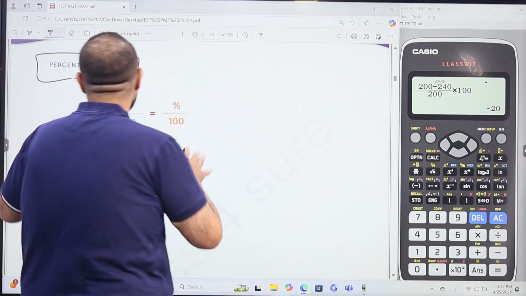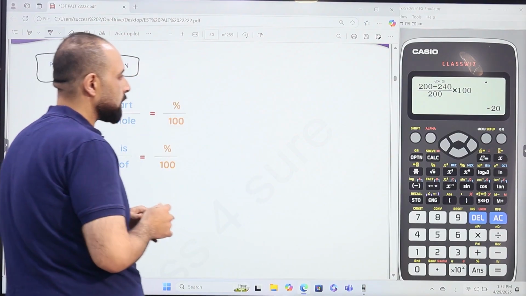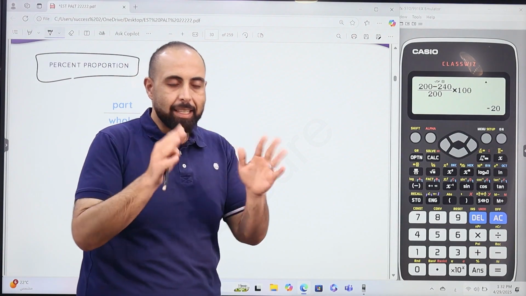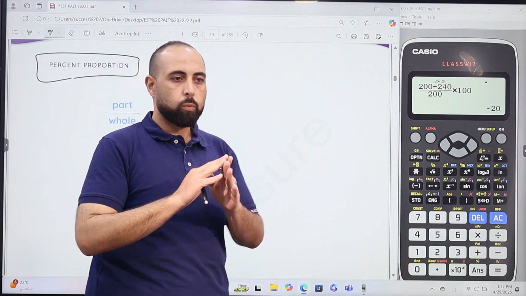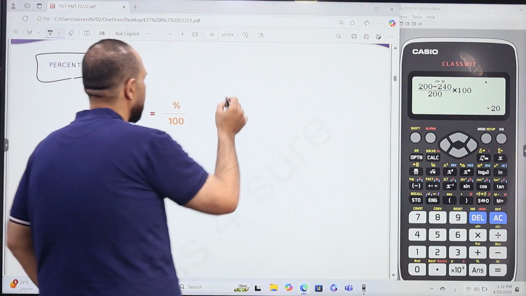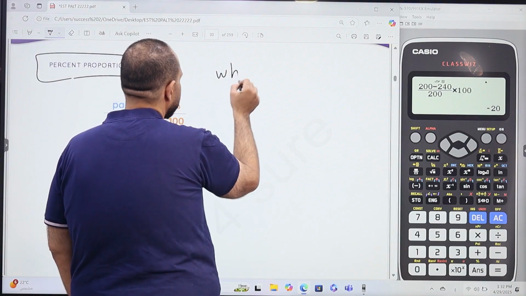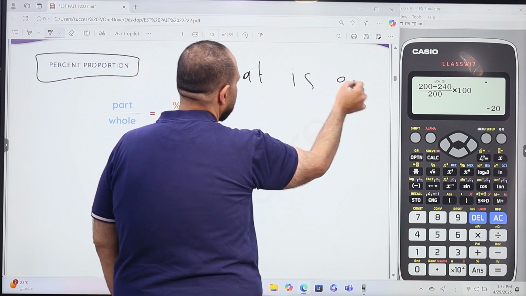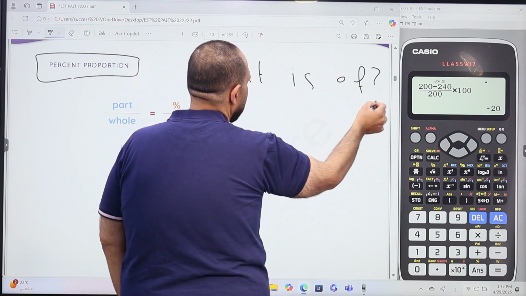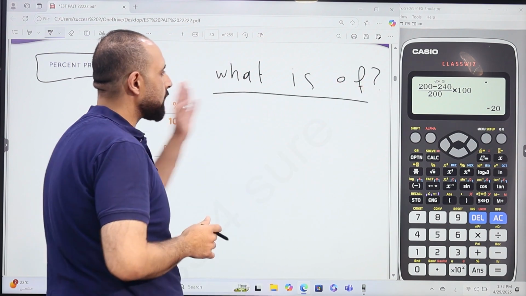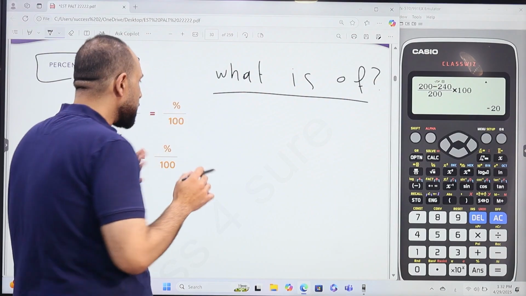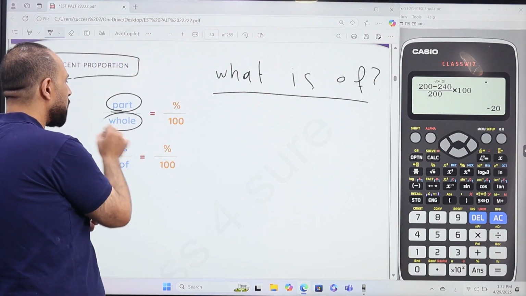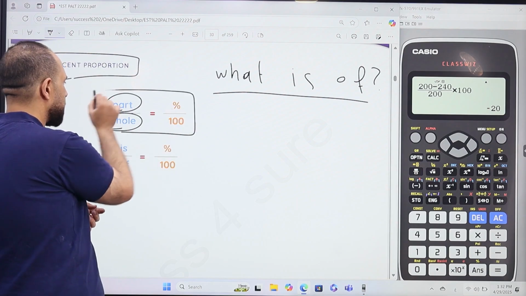We have a form for that question, and the question comes exactly like this: what is off? That's the form of the question.